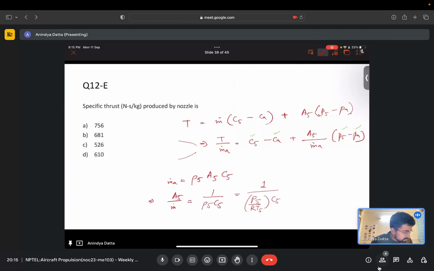So this will come out as 0.00557 meter square second per kg. So now we also know this A5 by m dot air term.